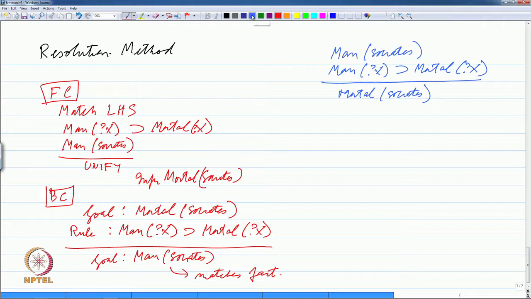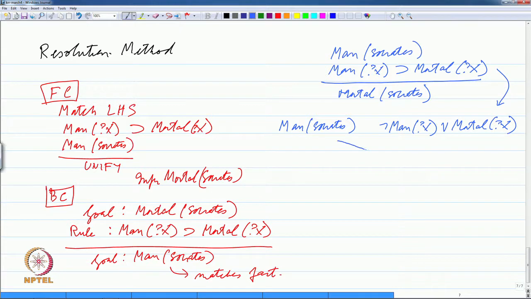Now, let us just rewrite this whole thing in clause form. So, we have man Socrates, and the other clause we will have is not man x or mortal x. This is the rule I have rewritten in clause form, that is all. Now, you can see that first of all forward chaining is a straightforward instance here of resolution.